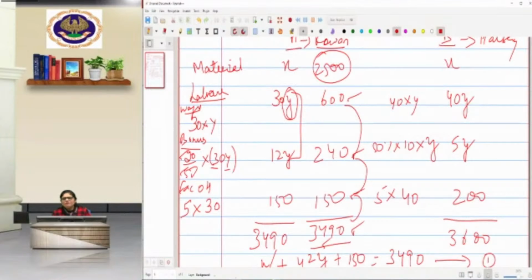Similarly, solve it for B. The labor cost for B is 20 per hour. So what is the labor cost for B? It will be 800. What will be the bonus for B? It will be 100. 200 is already there. And 3600 also we know.